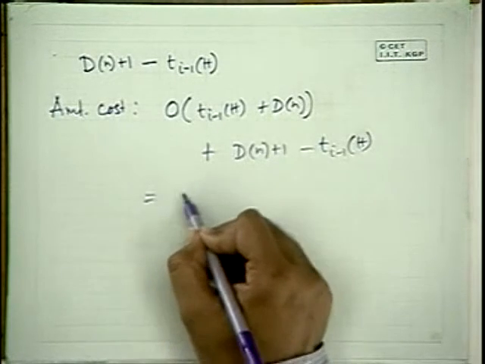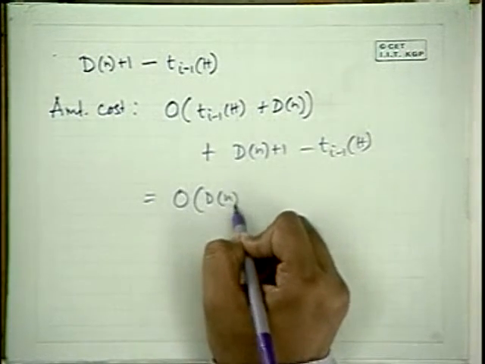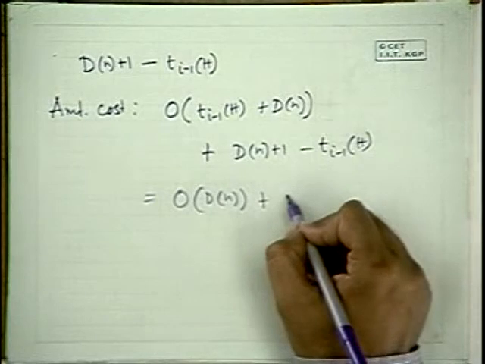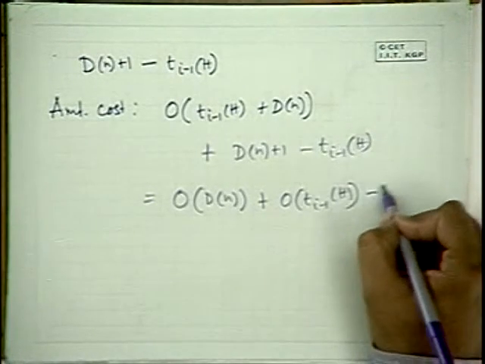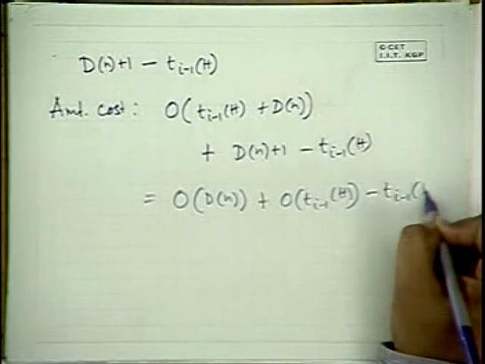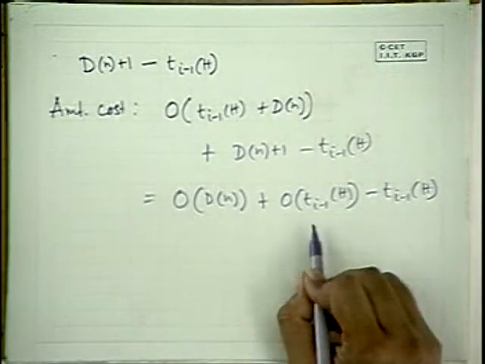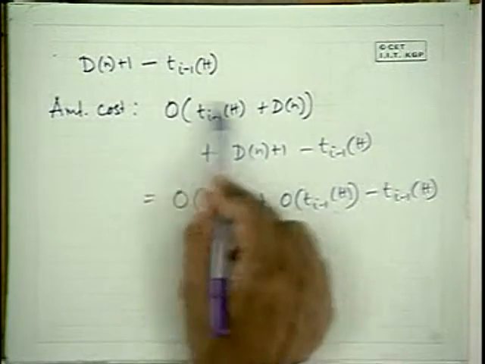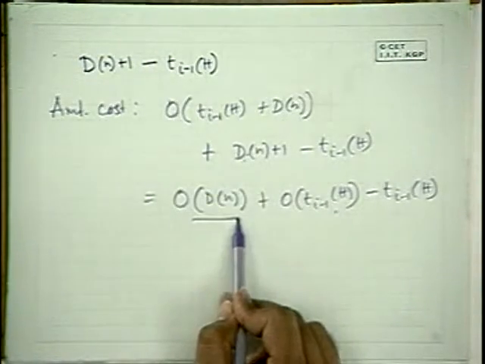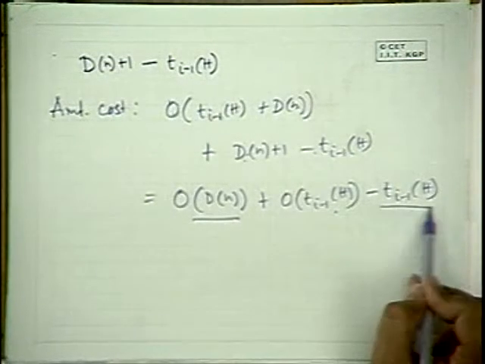So this is order of dn plus order of Ti minus 1 of h minus Ti minus 1 of h. I just broke it up. This one is order of Ti minus 1 of h, order of dn, this order of dn goes here, and I just take it out here.